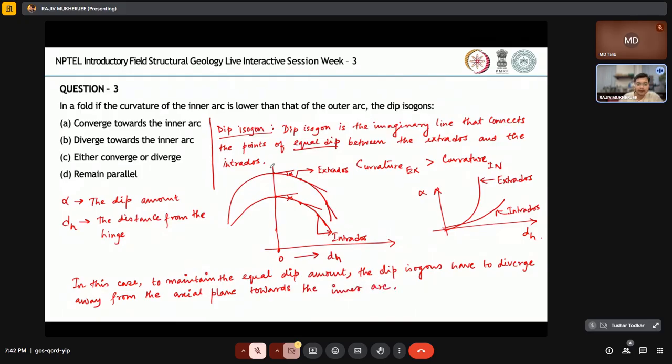Right, so the first dip isogon, obviously this one, second one with this one, this one, this one, like this.